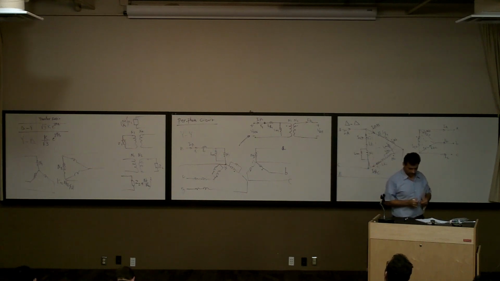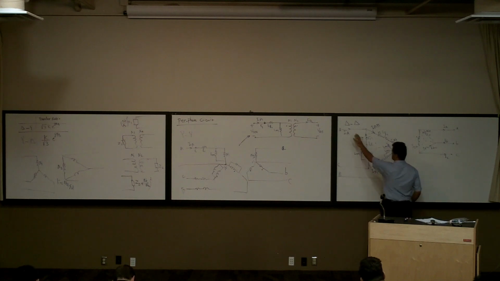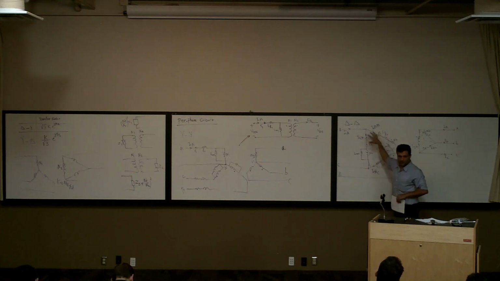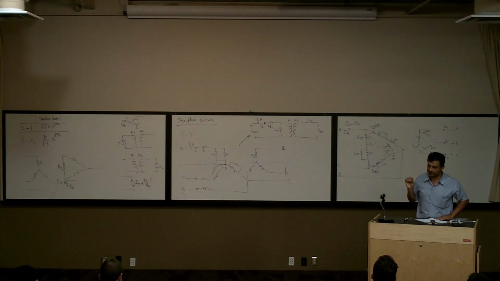But keep in mind, to convert this one to the star, all the impedances are going to be divided by 3, right? This is a delta. I'm converting it to the star. So we said Z star is equal to Z delta over 3, right?